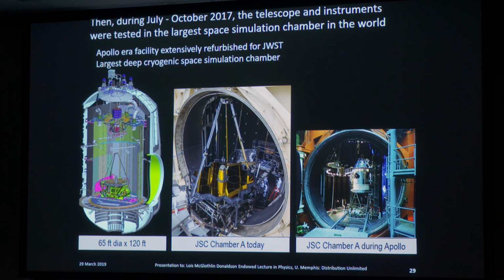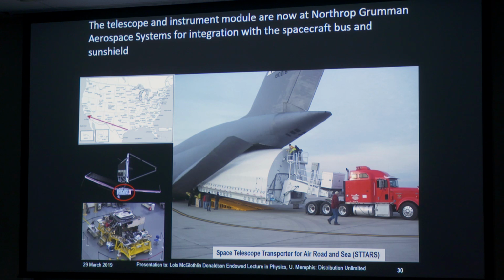This testing went through a giant hurricane that flooded most of Houston that I think you remember, but it didn't interrupt our testing. Okay, once we finished that testing, we went back into the airplane and flew to Los Angeles, California, where our contractor, Northrop Grumman Aerospace Systems, is now integrating to the telescope the spacecraft and the sun shield.